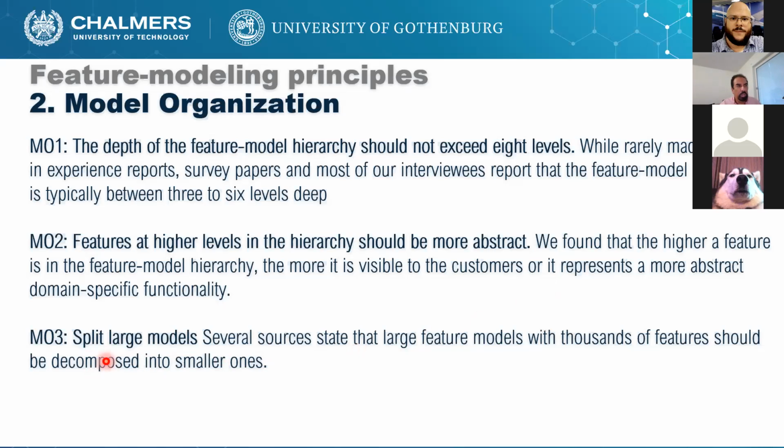Here they say split large models. Several sources state that large feature models with thousands of features should be decomposed into smaller features. That means, let's say you are involved in feature modeling and it's getting out of hand because your stakeholders keep adding features and wanting this and that, and the constraints are growing, and the layers are growing deeper.